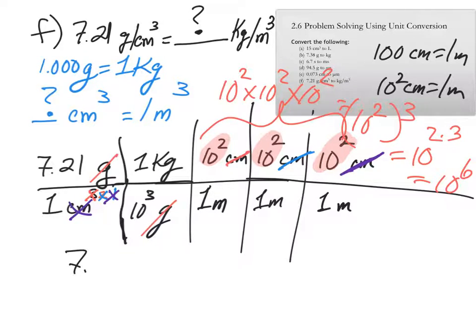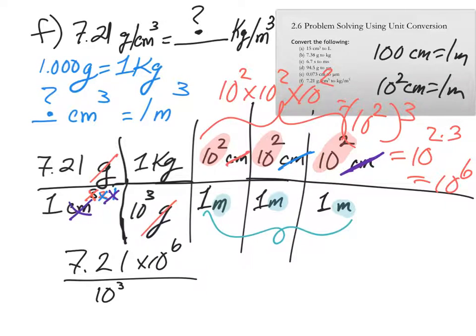So that leaves us with 7.21 times 10 to the 6th divided by 10 to the 3rd. For our units, we've got meters times meters times meters. And anytime you multiply something by itself 3 times, you get it cubed. So you get meters cubed there. We've got our kilograms there.